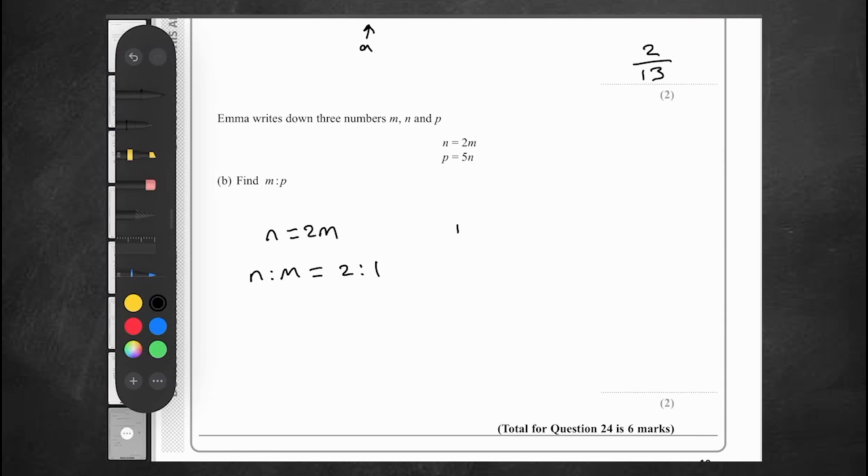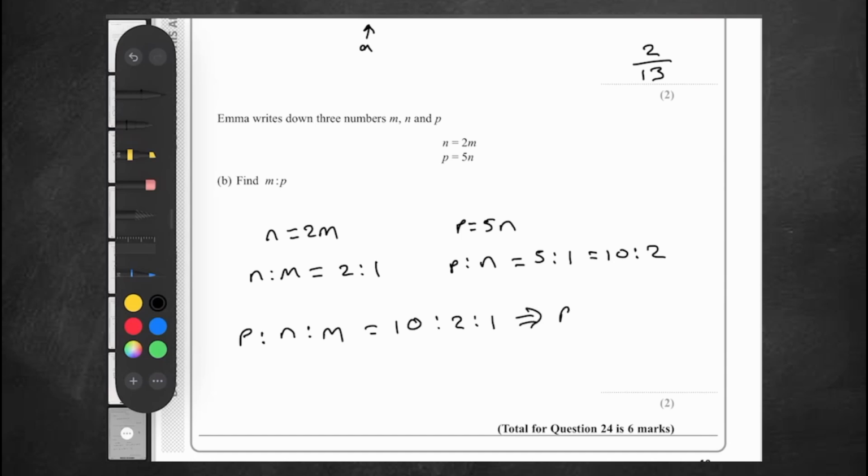And then P equals 5N. So P to N has the ratio of 5 to 1, or 10 to 2, in the same way we did part A. So if P to N to M, based on these numbers here, we can pull the 10 from there and the 2 to the 1 to there.